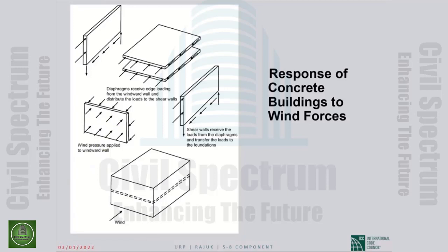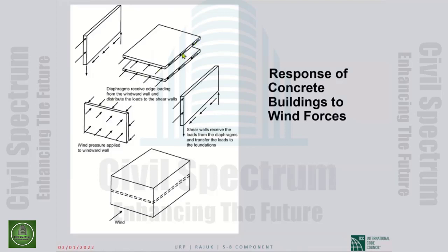So wind acts on this cladding panel, and the cladding panel bends between supports provided by this diaphragm and that diaphragm, the diaphragms at the two levels, which transfers the wind to the diaphragms.